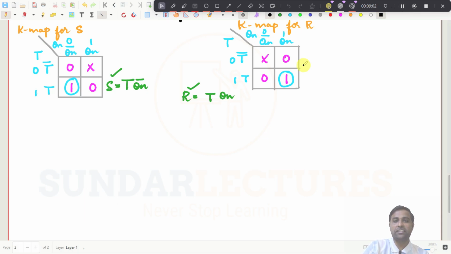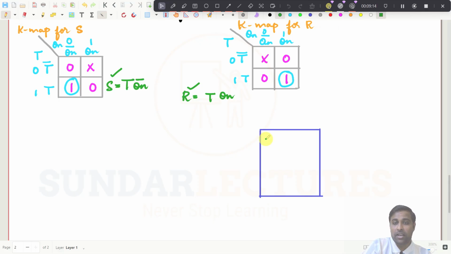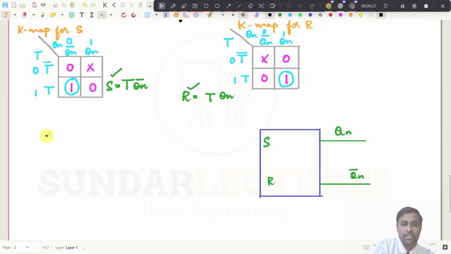So what is the next step now? We know we now have the T flip flop with us. So this is the T flip flop, right? Sorry, SR flip flop, not T flip flop. This is now S and this is now R, and we know this is Qn and this is Qn bar. And we have the T input with us, right?